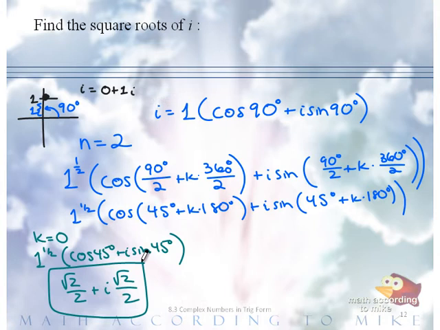Yay, but we're not done. How many square roots should we have? Two. So we stop at n minus 1. So if n was 2, 2 minus 1 is 1. So what's our next number for k? Same answer, 1. So now we put in 1 for k.